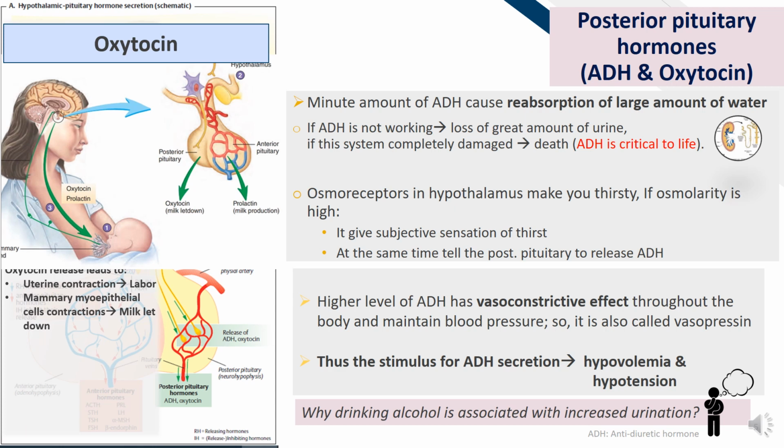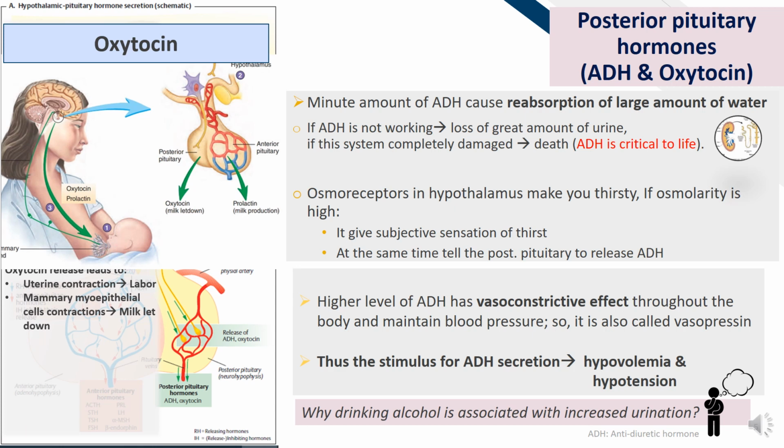What are the functions of oxytocin? It causes contraction. First, contraction of myoepithelial cells of the mammary glands, so it causes milk ejection, ejection of milk to the mouth of the baby. So milk ejection, not production.